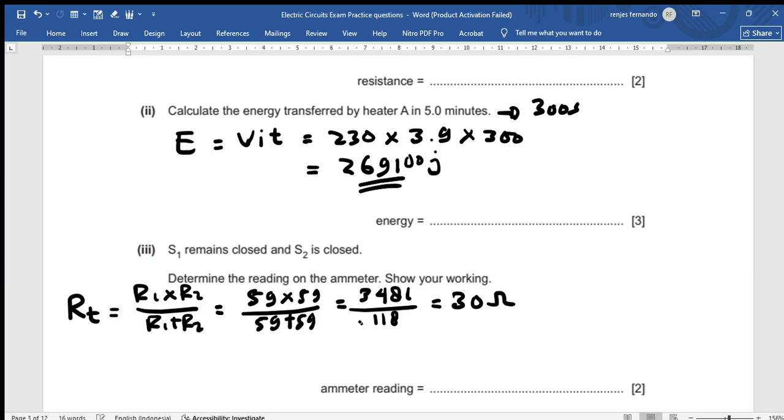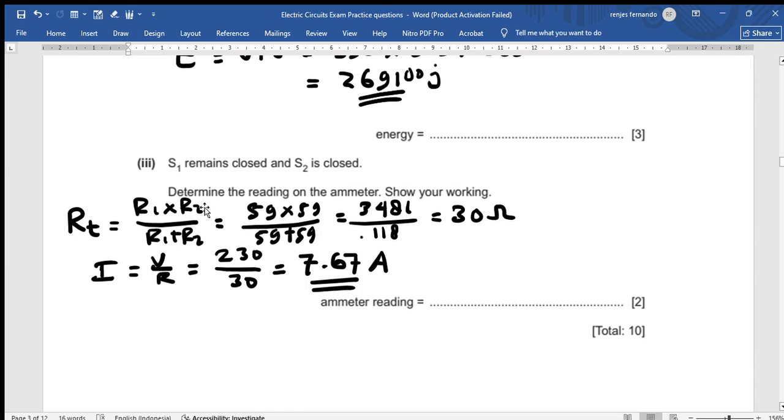So the current is voltage divided by resistance, which is 230 divided by 30, which is equal to 7.67 ampere.